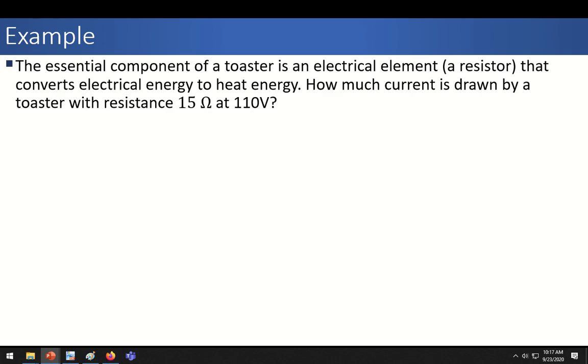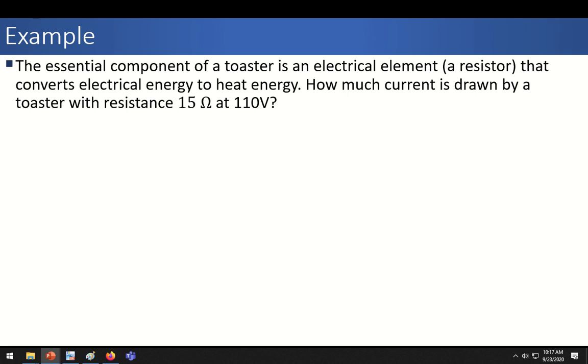The essential component of a toaster is an electrical element, a resistor that converts electrical energy to heat energy. How much current is drawn by the toaster with a resistance of 15 ohm at 110 volts? So the problem is that we are given a simple toaster.